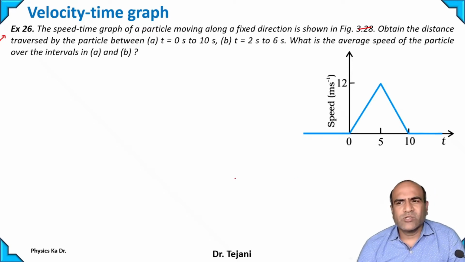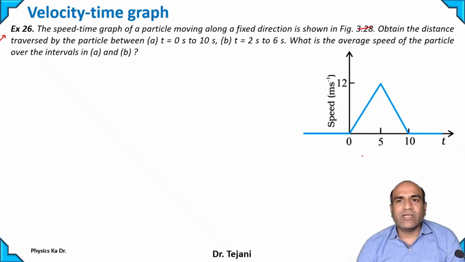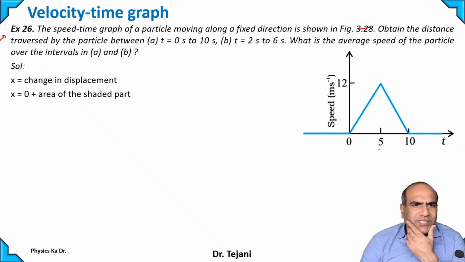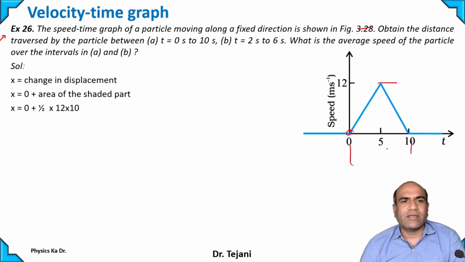Great, we just need the average speed, nothing else. So t is equal to 0 to 10 seconds. The change in displacement is starting from 0 plus the area under this region. The total height is given as 12, and this is 10, so 60 meter.